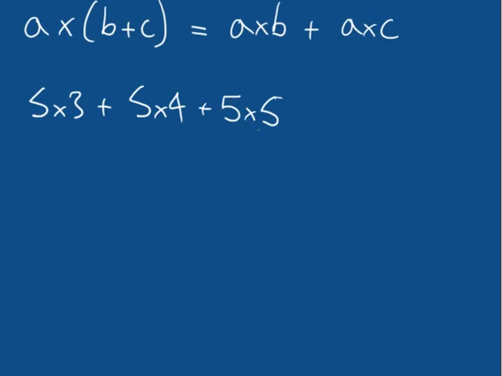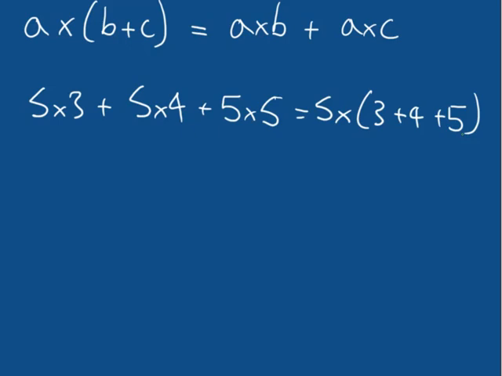I can factorize this into parentheses by saying that this is equal to 5 times (3 plus 4 plus 5). So we've seen that we can expand and factorize using this law. And it's very simple once you get the hang of it, but it's very powerful.